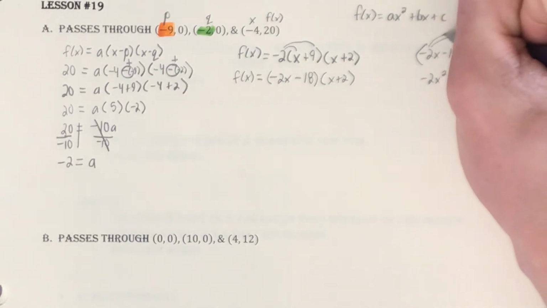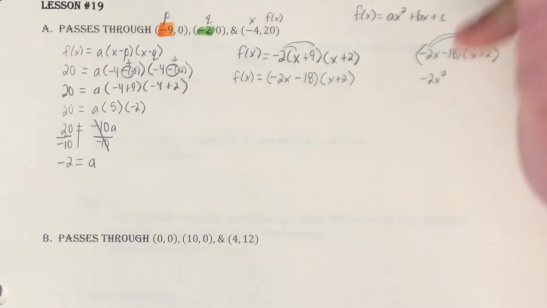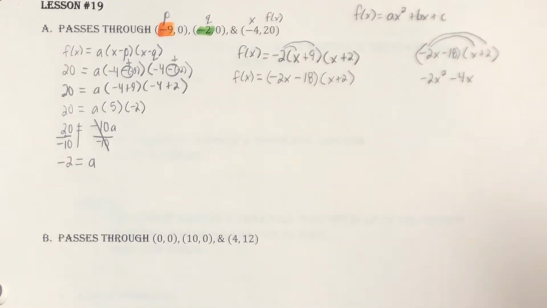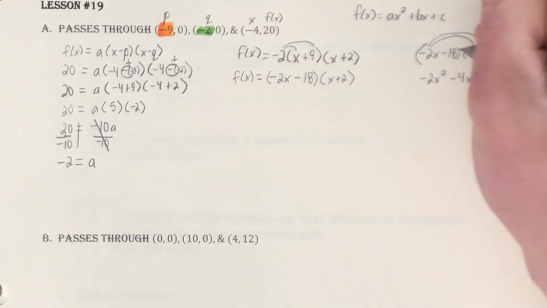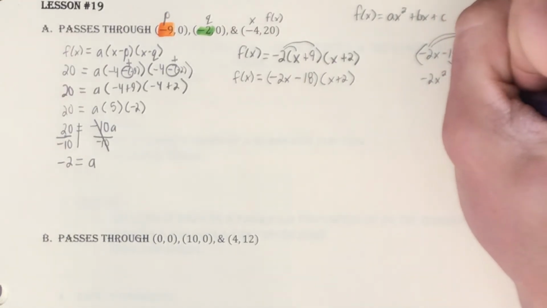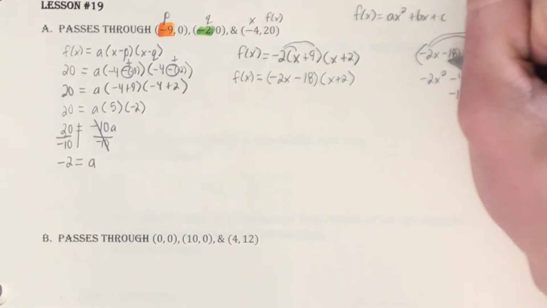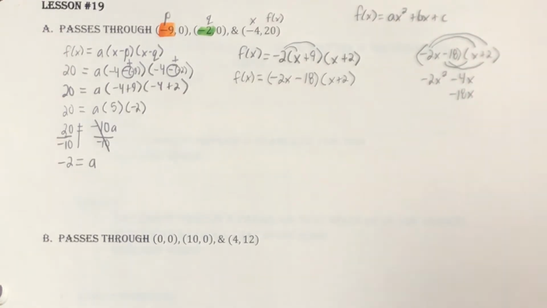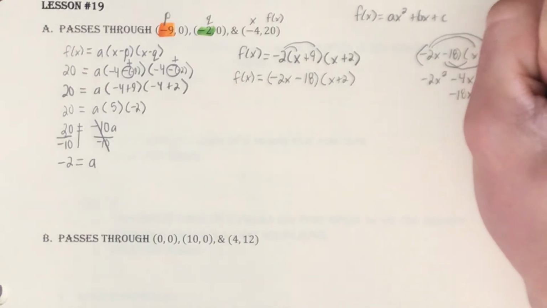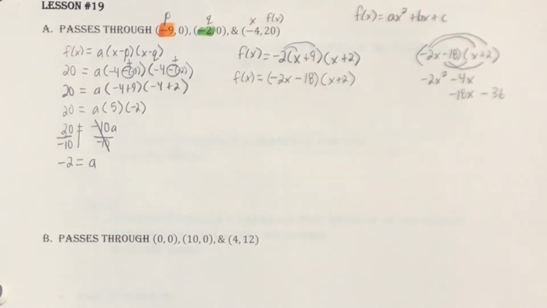Then outside terms, negative 2x times positive 2 is negative 4x. Inner terms, so negative 18 times x is negative 18x. And then last terms, negative 18 times positive 2 is negative 36.